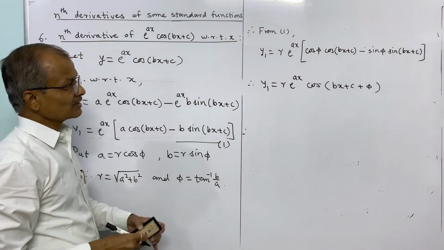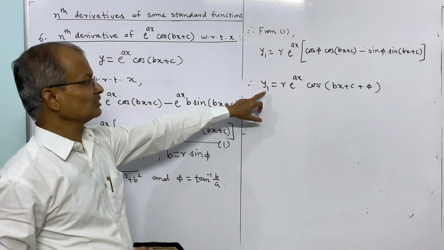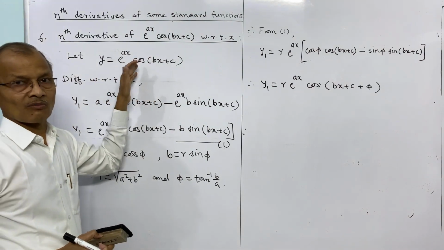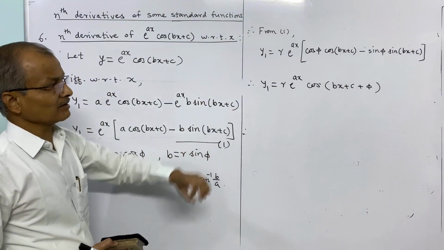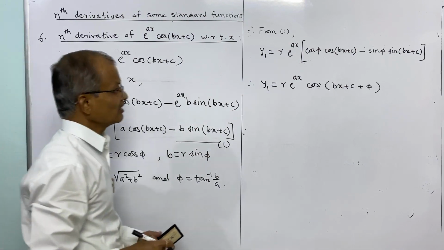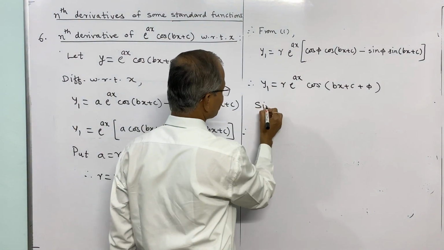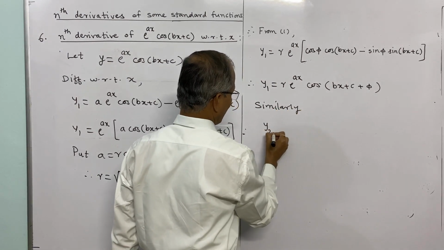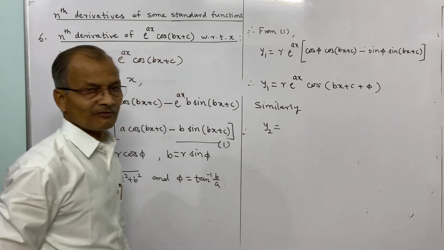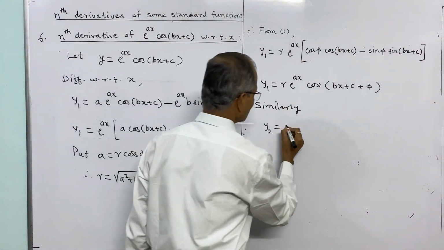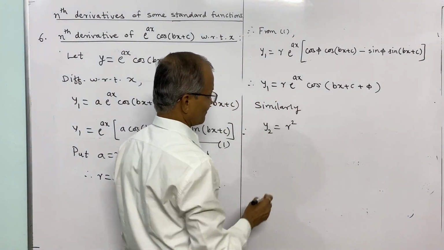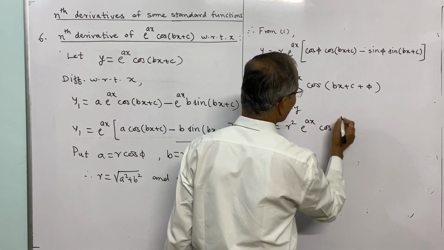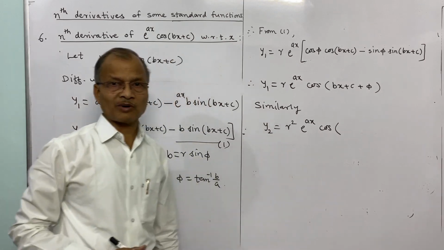So once differentiation gives y multiplied by r and the angle increased by phi, the same thing we should write similarly. What will be y2? y1 gets multiplied by r, so this becomes r squared, and there is no change in the exponential function, but the angle of cosine increased by phi.